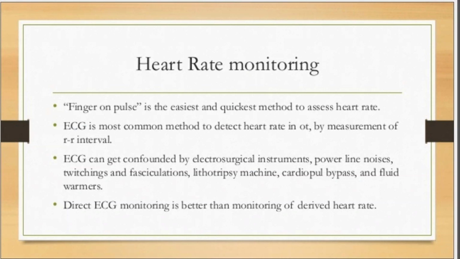ECG is the most common method to detect heart rate in the OT by measurement of the RR interval. ECG can get confounded by electrosurgical instruments, mains line noise, twitching and fasciculations, lithotripsy machine, cardiopulmonary bypass, and fluid warmers. Direct ECG monitoring is better than monitoring of derived heart rate.